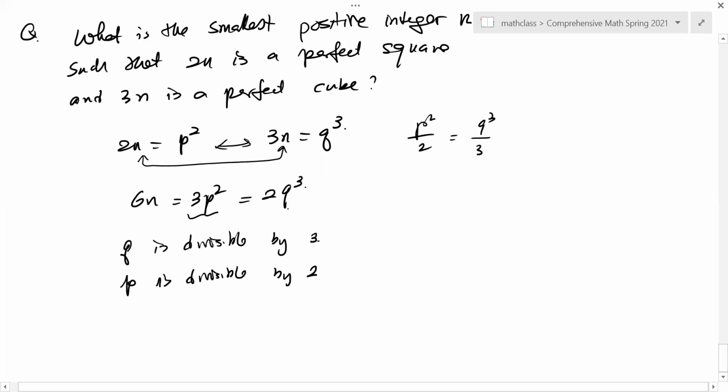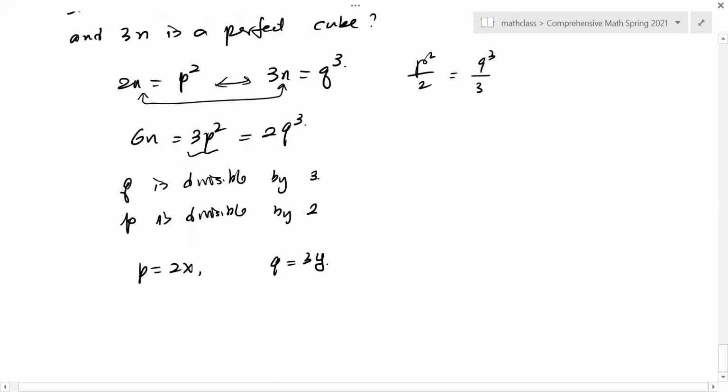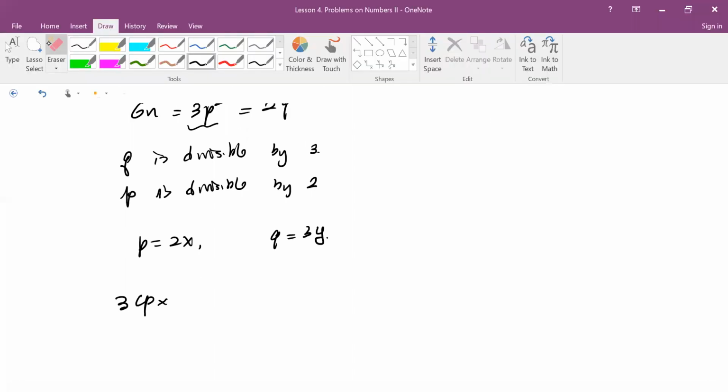So then you can write p equals 2x, q equals 3y. Then you plug into the above equation and simplify it step by step.